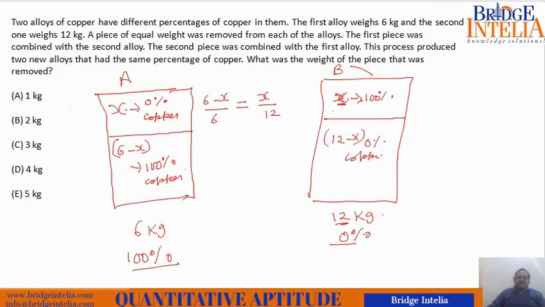Here 6 minus x out of 6 is copper. Both these have to be equal because the percentages have become equal now. So let's solve this. 6 and 12, so 2 times. So 12 minus 2x is equal to x. From here you can see 3x is equal to 12. x comes out to be equal to 4 kgs.